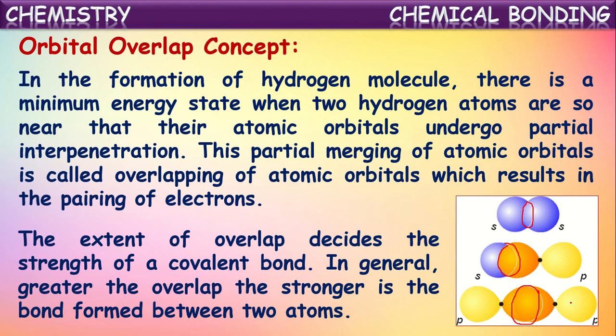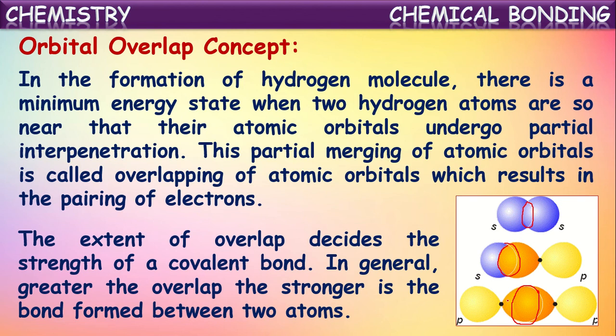See here, generally we say the s-s overlapping is somewhat less in extent than the s-p overlapping, which is less than that of p-p overlapping. So the bond is stronger in the case of p-p overlapping. The covalent bond formed by the overlapping of two p orbitals of both the atoms results in a strong covalent bond when compared to the remaining two cases.